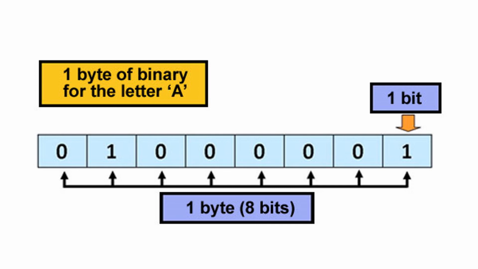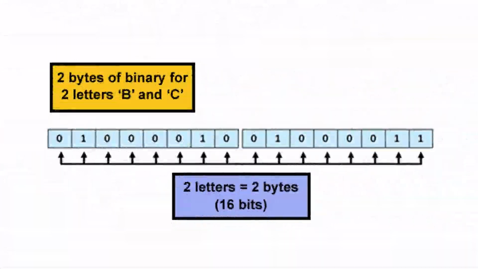For example, the letter A in the English alphabet is represented by the byte 01000001, and B is represented by the byte 01000010.